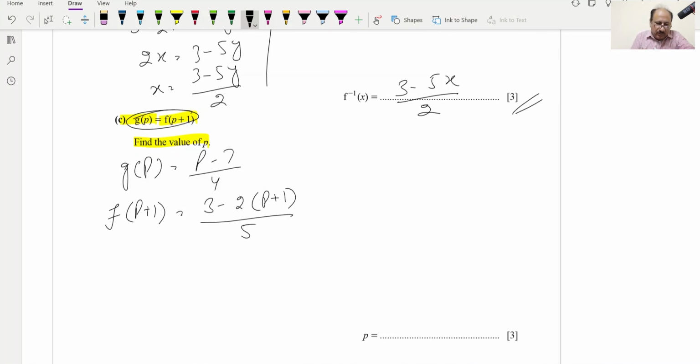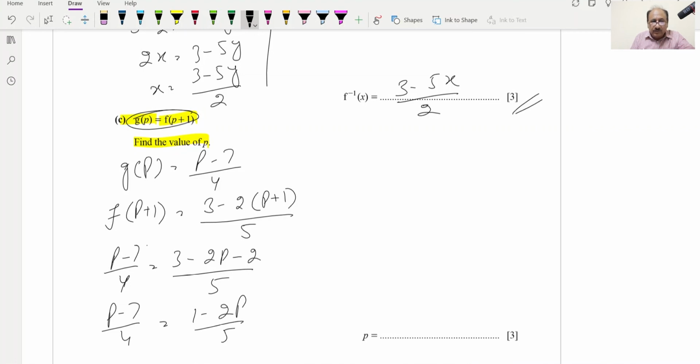So we can write p minus 7 over 4 is equal to 3 minus 2p minus 2, divided by 5. Now we can rewrite it as p minus 7 over 4 is equal to 1 minus 2p over 5, and further we can cross multiply, and this will be 5p minus 35 is equal to 4 minus 8p.